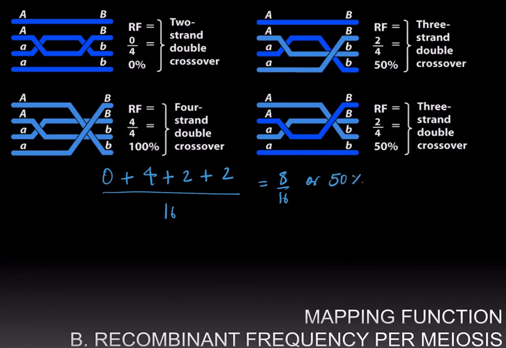As it turns out, on average, if there are 1 or more crossovers, then 50% of the gametes are going to be recombinant.